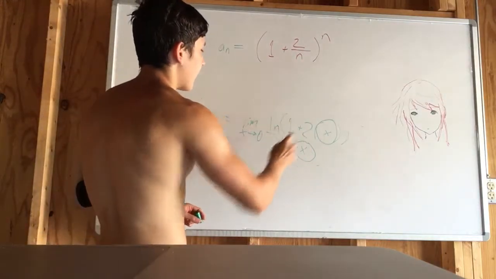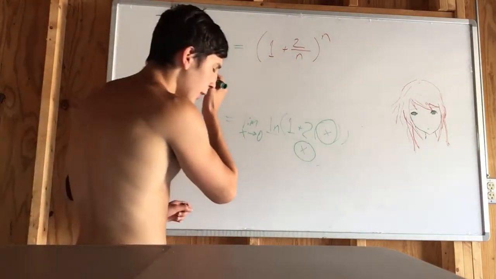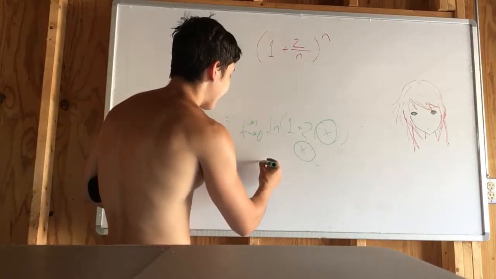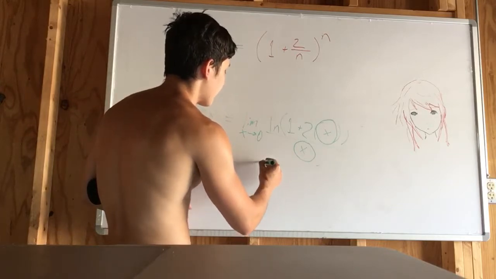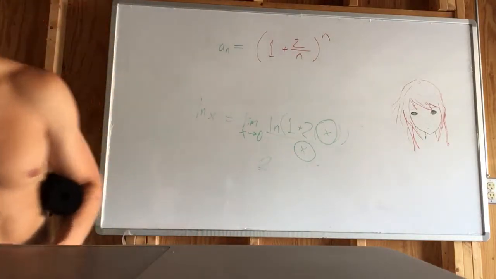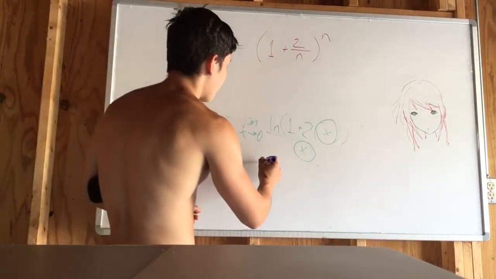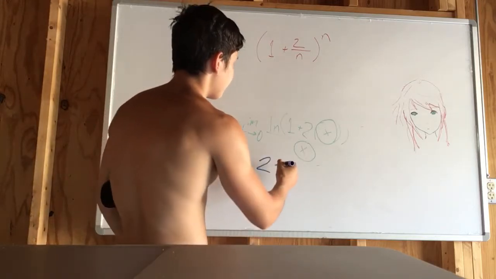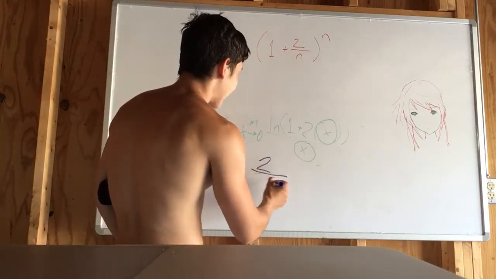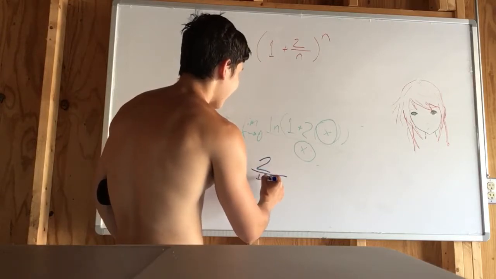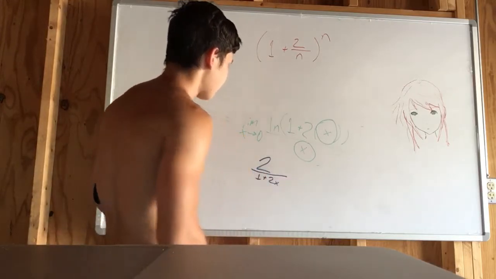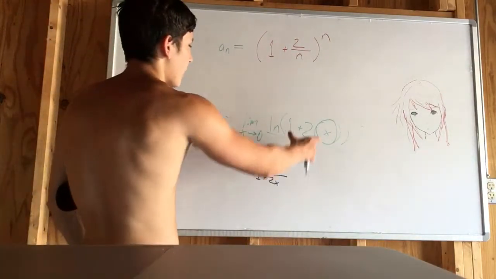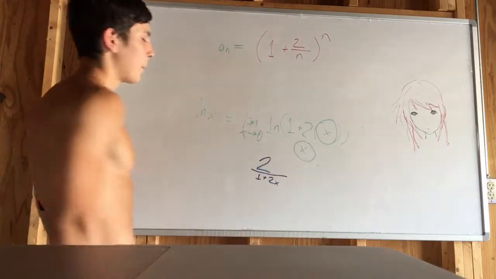So what is the derivative of this thing here? By the chain rule, you multiply by the derivative of what's inside, which would be 2 in this case, and we multiply by the derivative of the entire thing, which in this case is 1 over 1 plus 2x, because remember, with the derivative of the natural log, it's just whatever you have here under 1.